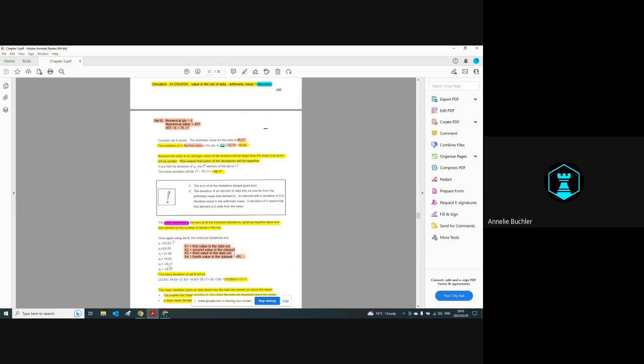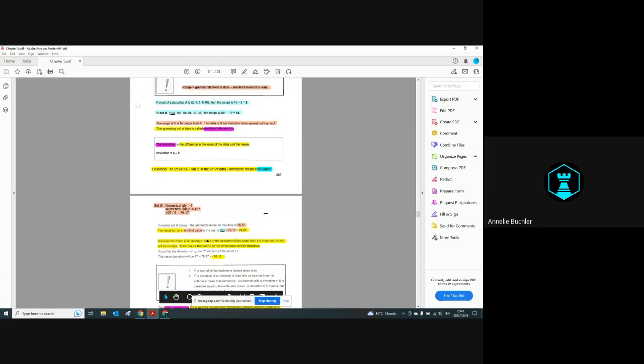Then they added up all the individual deviations to get the mean deviation of set B. The individual deviations can be x1, x2, x3, x4, x5, x6.